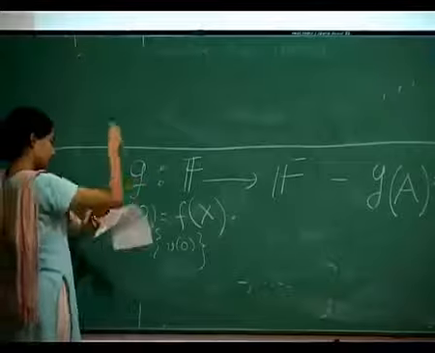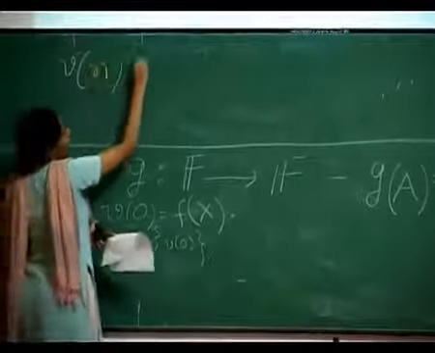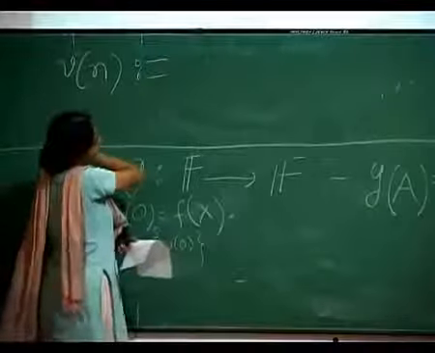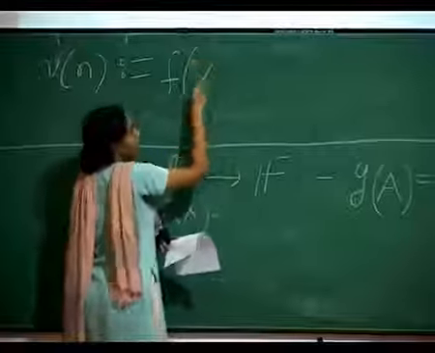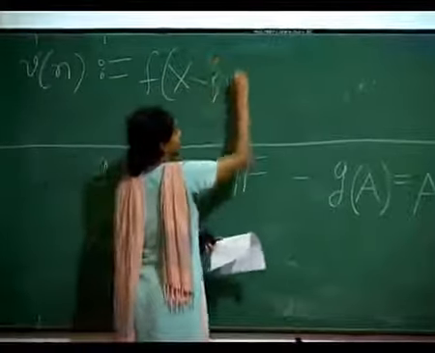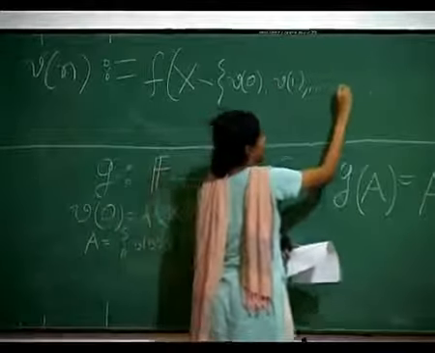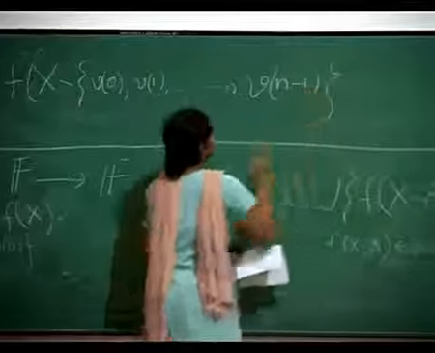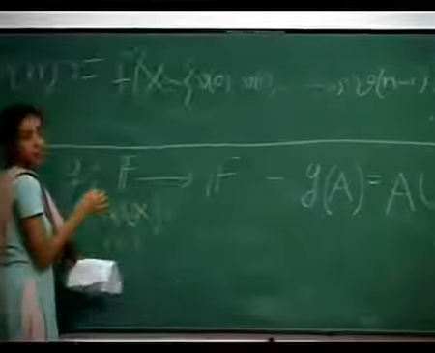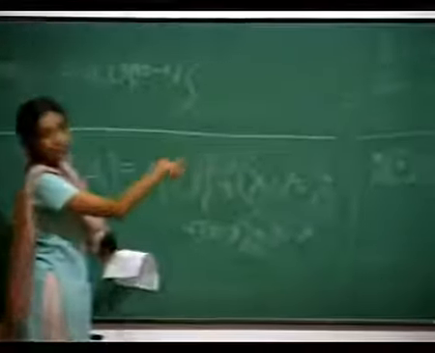Now of course I want to define my function v as v of n being f of x minus {v0, v1, up to vn minus 1}. Just note one thing, that these Rn's are contained in one another.